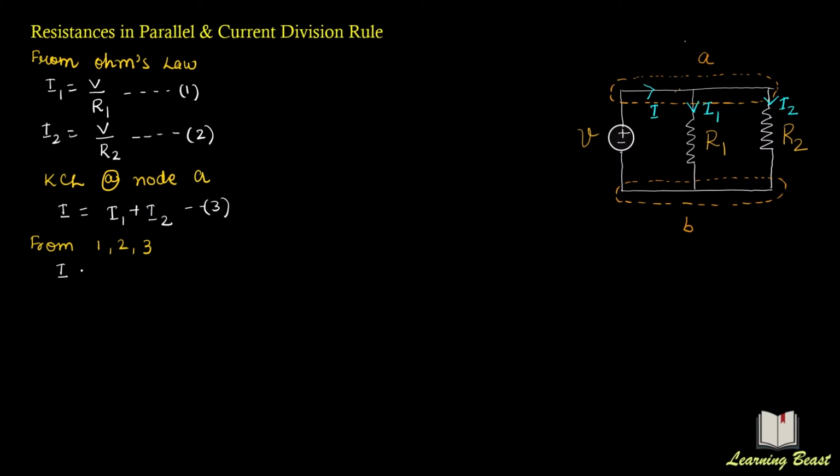This equation can be rewritten as I is equal to the value of I1, which is V by R1, plus V by R2, which is the value of I2. Now we will take V common from both the terms, and this can be rewritten as V into 1 by R1 plus 1 by R2. This can be rewritten as I is equal to V by R equivalent.